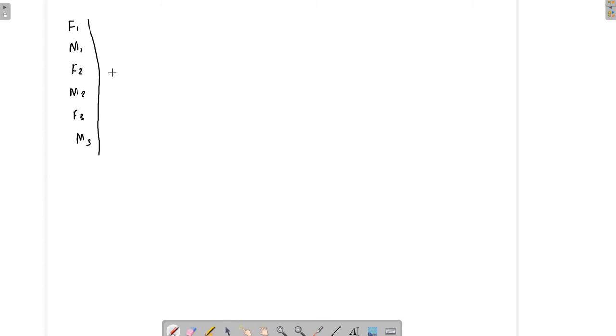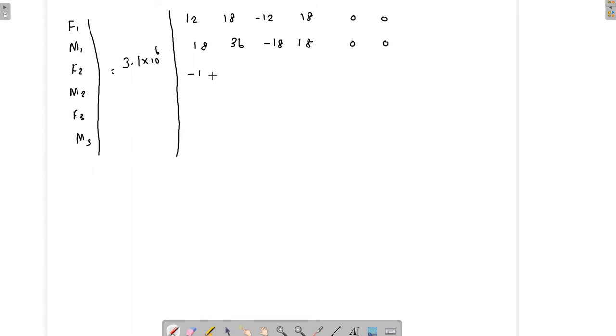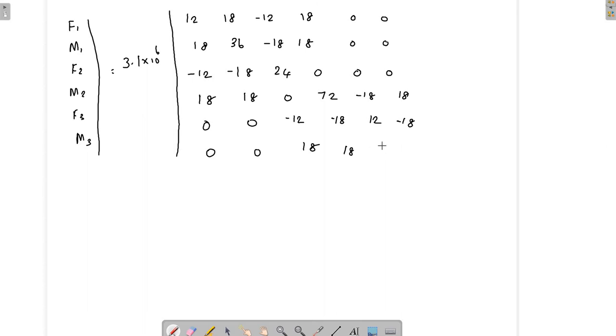So this covers overall nodal points is equal to, so we have common constant 3.1 into 10 power 6 and the values 12, 18, minus 12, 18, 0, 0, 18, 36, minus 18, 18, 0, 0, minus 12, minus 18, 24, 0, 0, 0, 18, 18, 0, 72, minus 18, 18, 0, 0, the last row, first two components also 0, minus 12, minus 18, 12 and minus 18, 18, 18, minus 18 and 36.